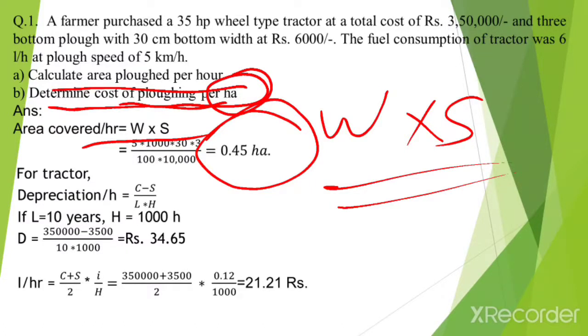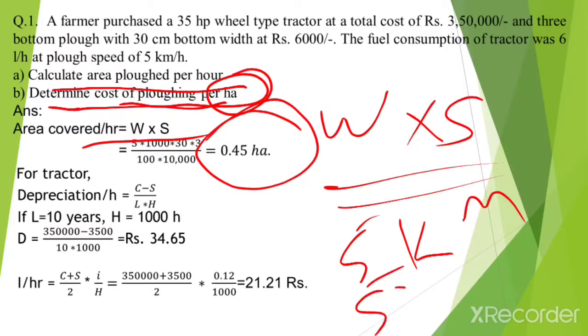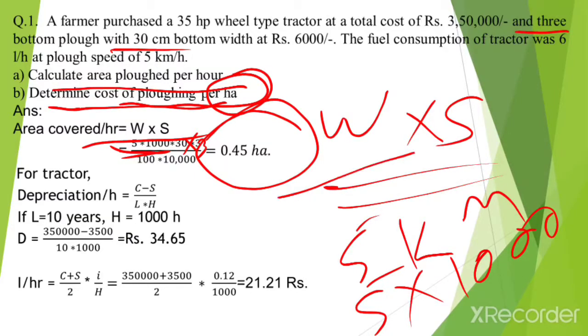So 5 kilometer means how many meter? 5 into 1000. The width of one plow bottom is about 30 centimeter, and there are 3 plow bottoms, so here 30 into 3, and we will get the total implement width.